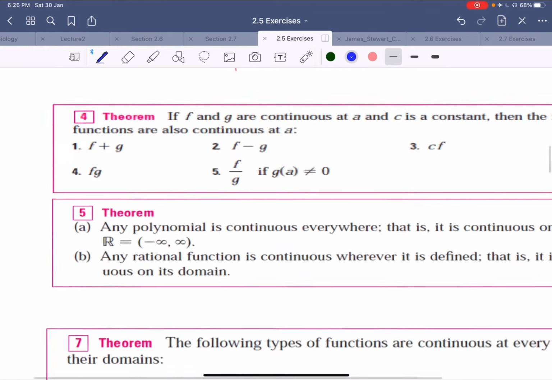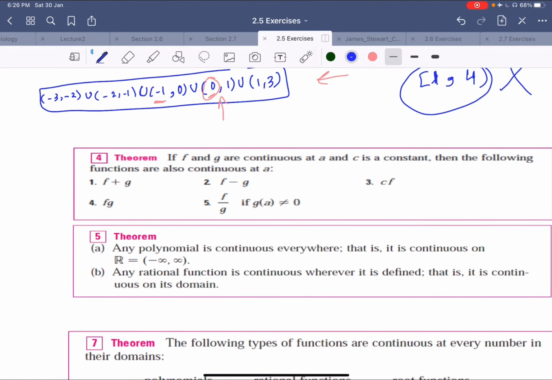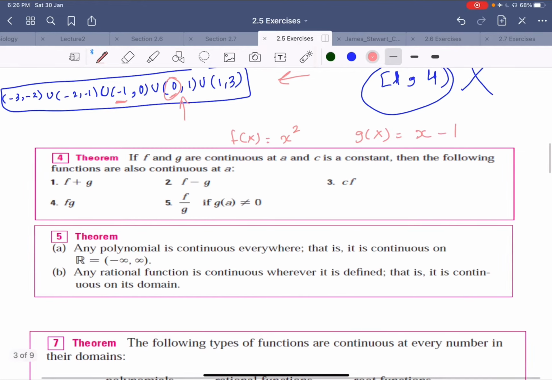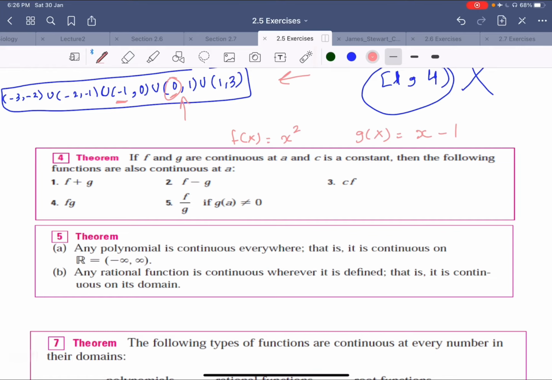So إحنا لو جمعنا دالتين two functions, for example f x equals x squared and g x x minus 1, for example, and they told us to see if f plus g is continuous. So أول شيء رح نجمع two functions. So when we add the two functions together would be x squared plus x minus 1, which equals f plus g for x.